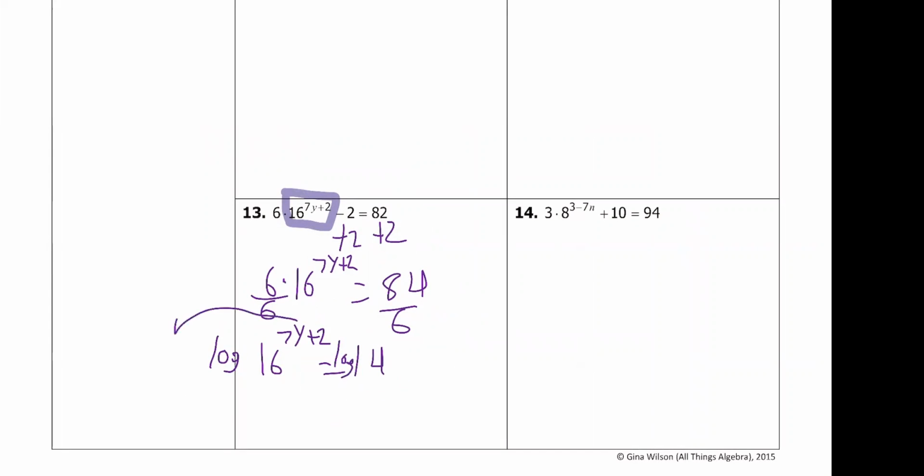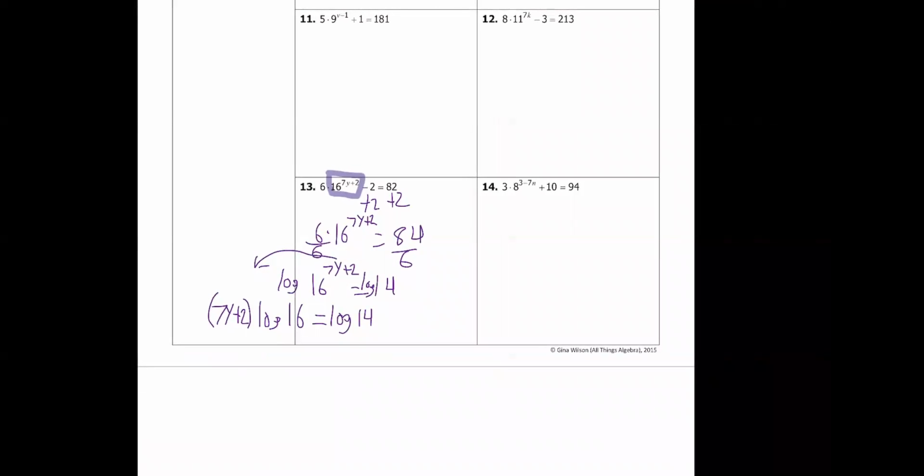So you can bring that in front. And you would just kind of solve this. There's a lot going on. The first thing you want to do is divide this log part to the other side. So log of 14 divided by log of 16. It's approximately 0.95.